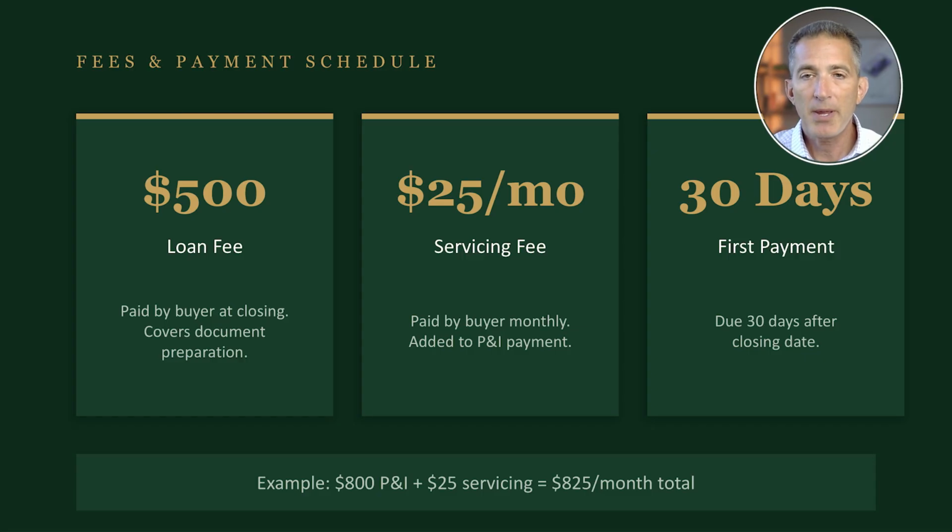Third, the buyer pays a $25 per month servicing fee to the loan servicer. This is in addition to their principal and interest payment. So if their P&I payment is $800, they're actually paying $825 per month total. Make these fees clear up front. Include them in your initial discussion with the buyer so there are no surprises at closing.